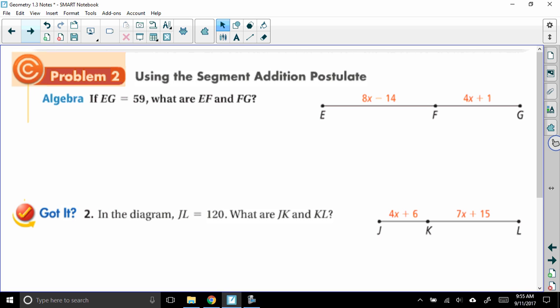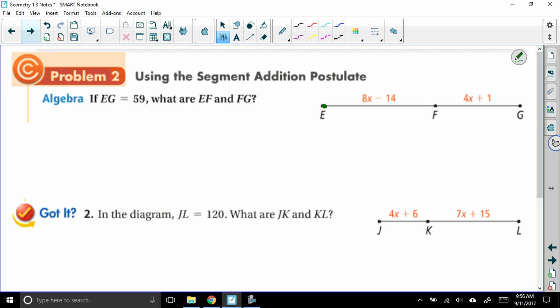And you might say, well, look at the drawing. Maybe it's like 2/3 of it, and 2/3 of 60 is about 20. So maybe one of them's 20 and the other one's 39. Well, you can't say that either, because you're just guessing wildly. Okay? The deal is they want us to use the segment addition postulate.